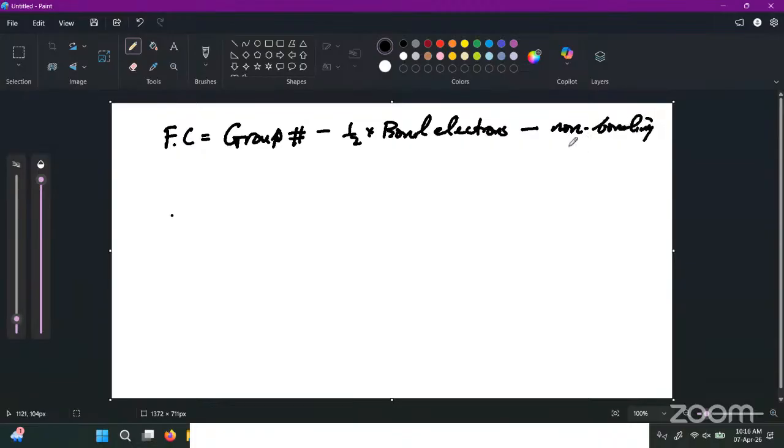Right? So that's a formula that I use. I think in your textbook, it's expressed a bit differently, but it calculates the same thing, right?